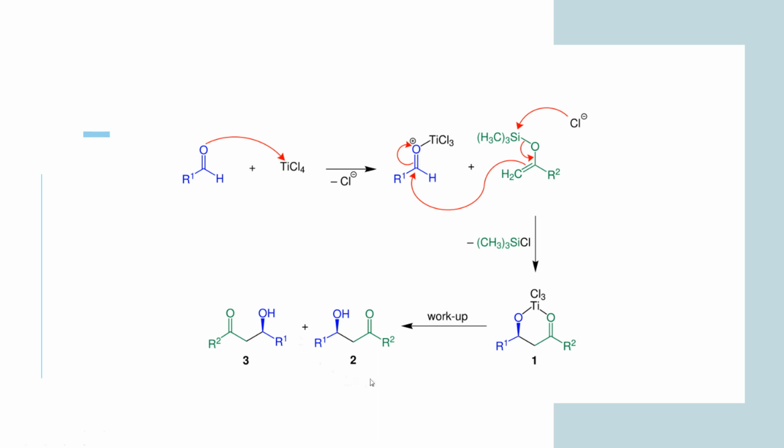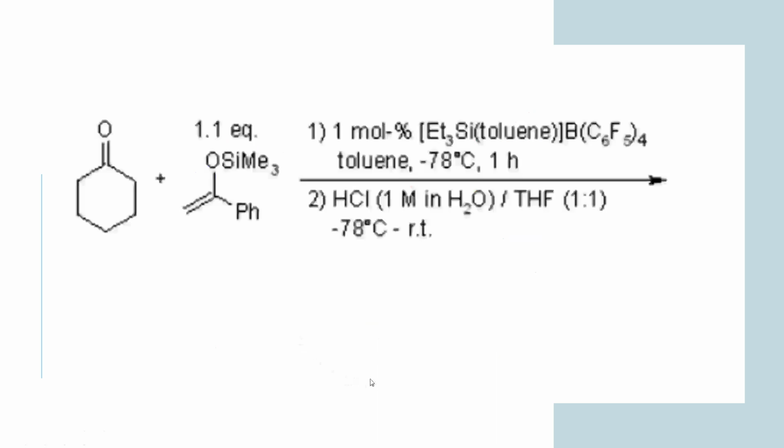Okay, so in the given reaction, if we look here also, this boron containing Lewis acid is present. So what will happen? This boron in the first step will get coordinated with this carbonyl oxygen, which in turn is going to activate this carbonyl group.